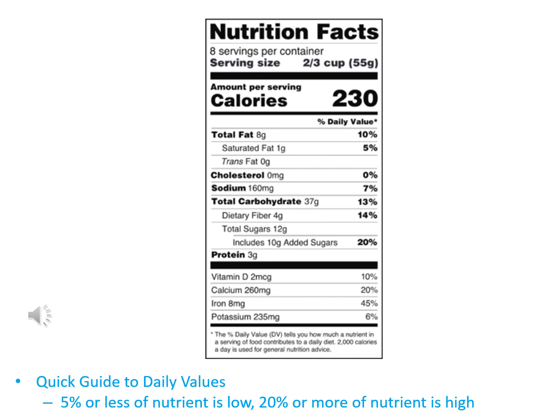So for example, if you look at the percentage of the daily value of iron in this serving of ice cream, what you're going to see is that it's 45%. That's above that 20%, so it's telling you that there's a lot of that particular nutrient in this food.